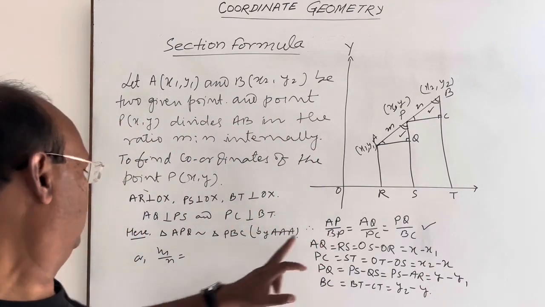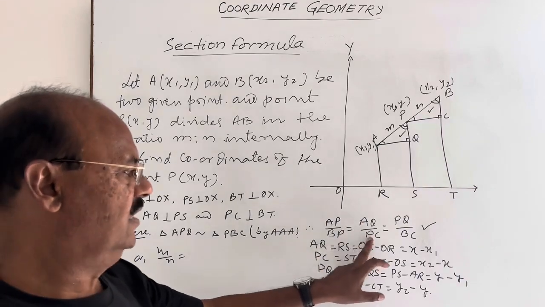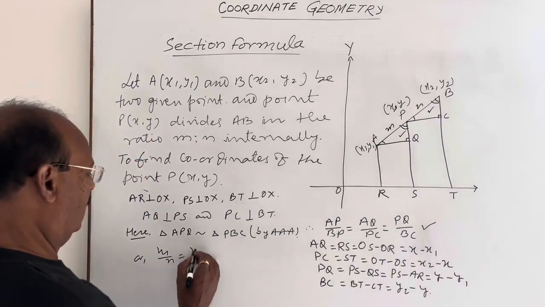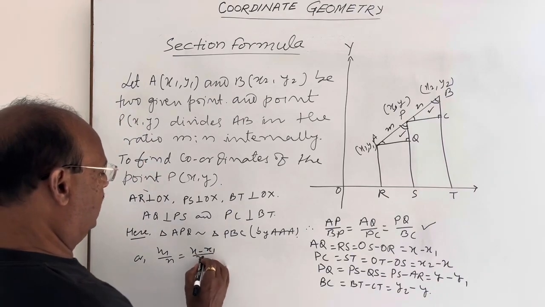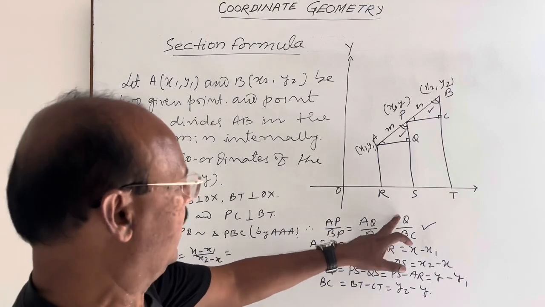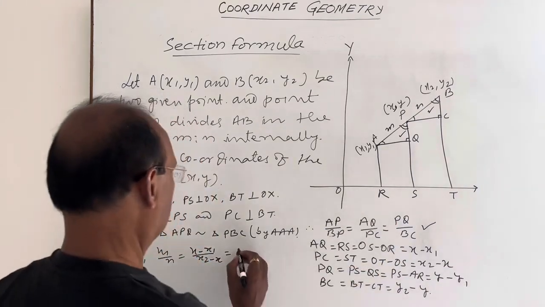So AP by BP can be written as M by N. AQ by PC is X minus X1 by X2 minus X. And PQ by BC is Y minus Y1 by Y2 minus Y.